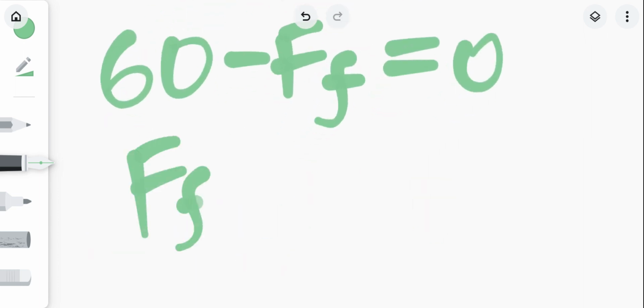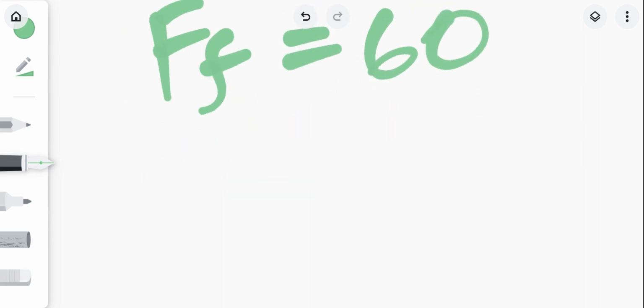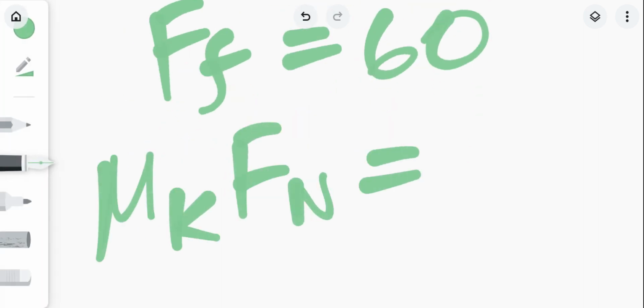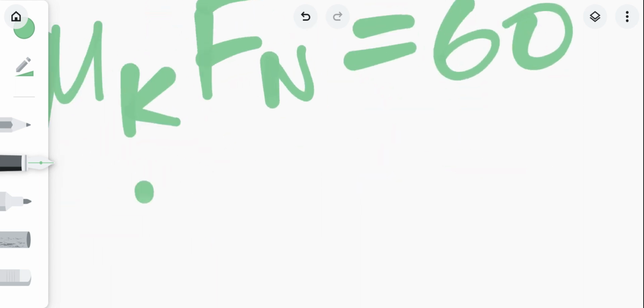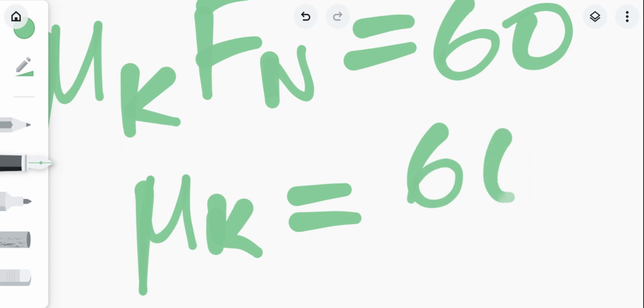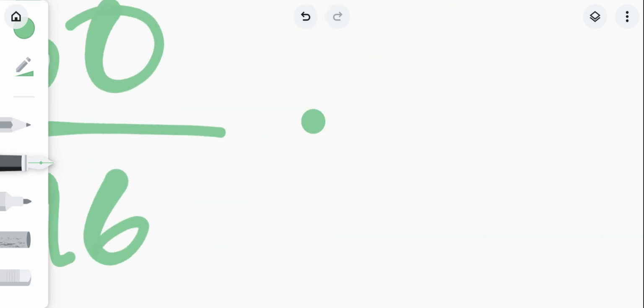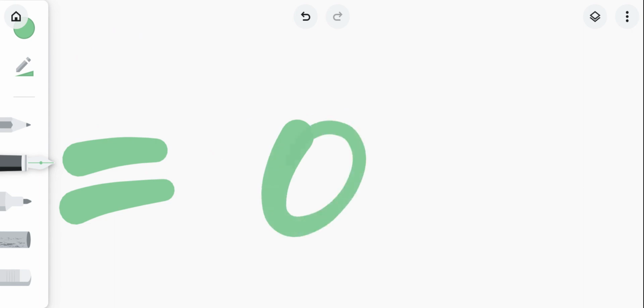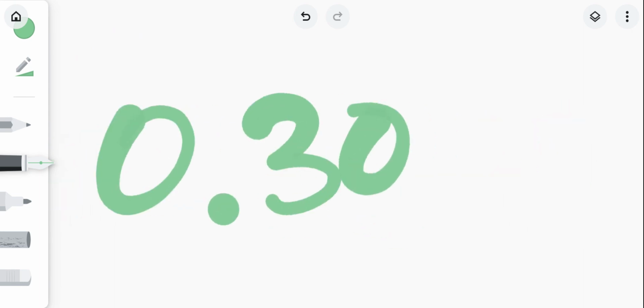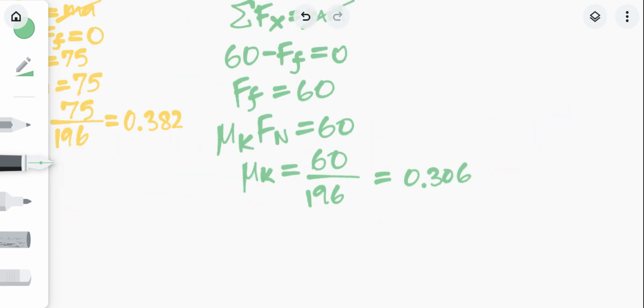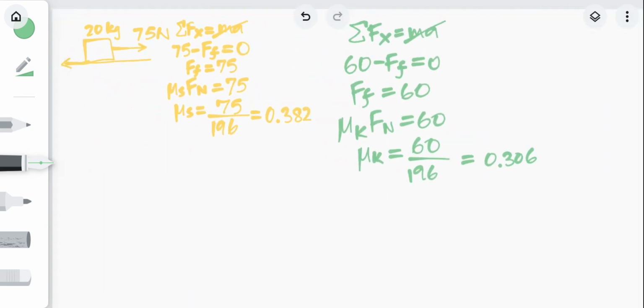So frictional force equals 60 newtons. Our kinetic friction equals 60 newtons. Therefore, our mu k equals 60 divided by 196, which gives us 0.306.